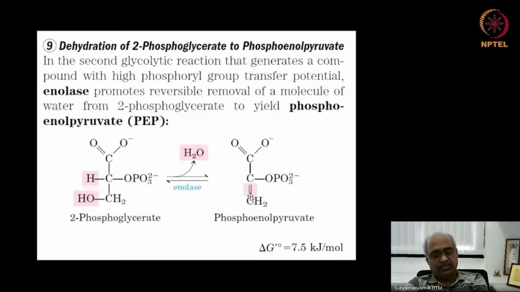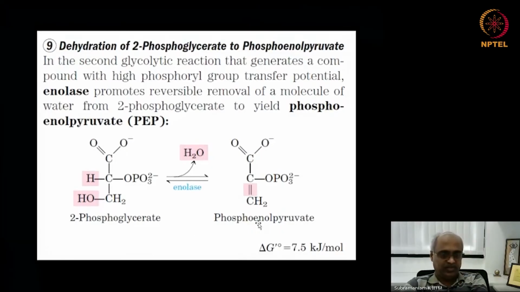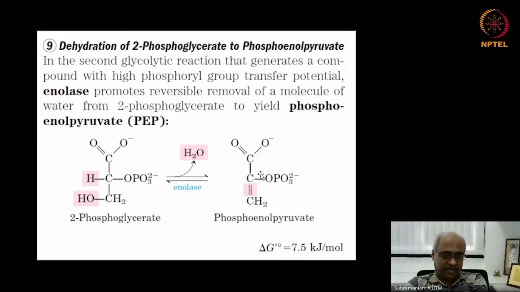When we were talking about how ATP is a high energy compound, we looked at a few other molecules, and one of them, if you remember, is phosphoenolpyruvate. Because hydrolysis of this ester bond leads to an alcohol group, so this will be an alcohol and this will be enol.